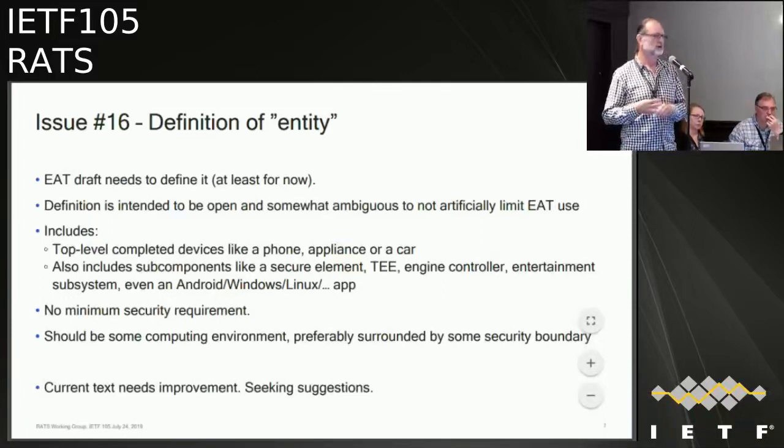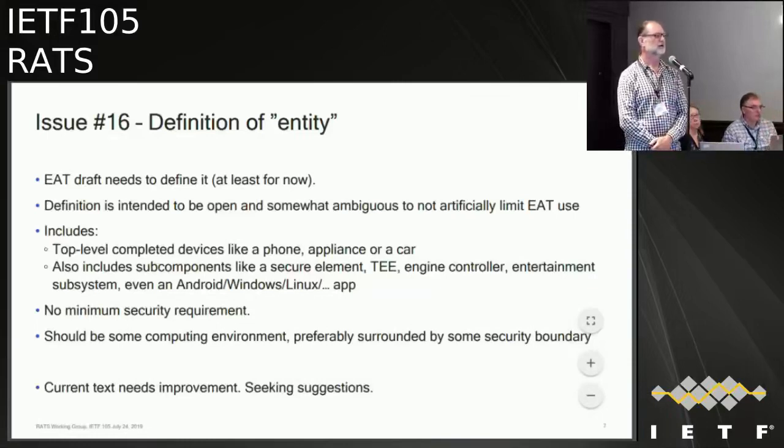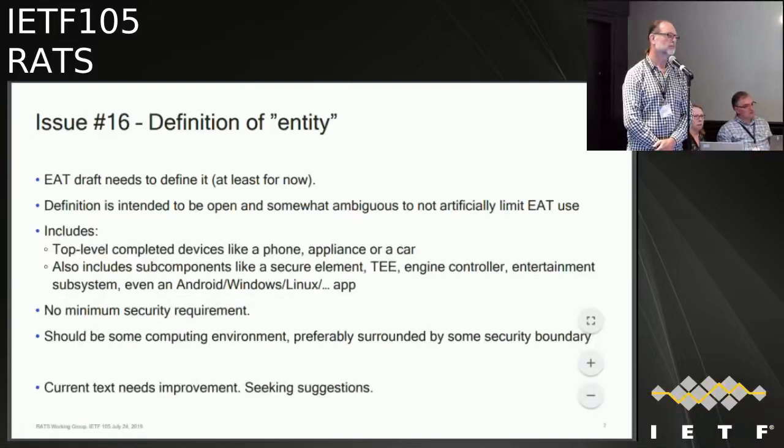The EAT draft is using it a little bit more narrow, but it is sort of within the scope of what X.1252 defines it. So, comments, please. Yep, Robin Wilton. Just to mention, there's a guy in Australia called Roger Clarke, who defines entity as part of a taxonomy of identity, anonymity, and so on.